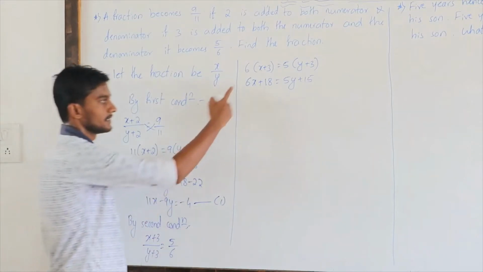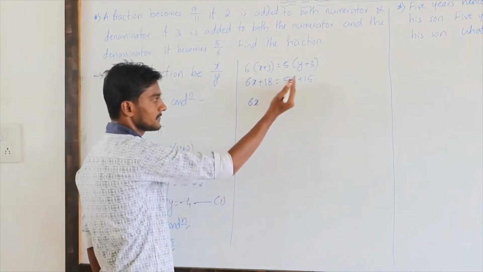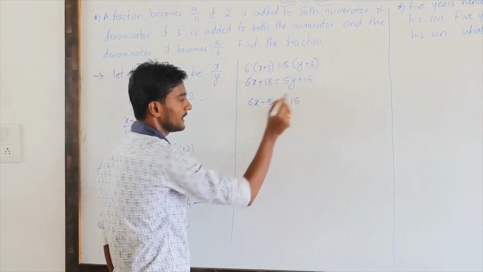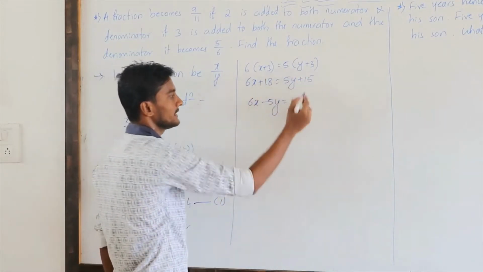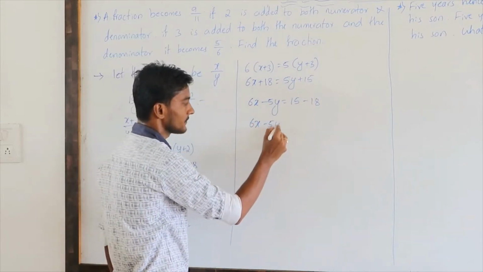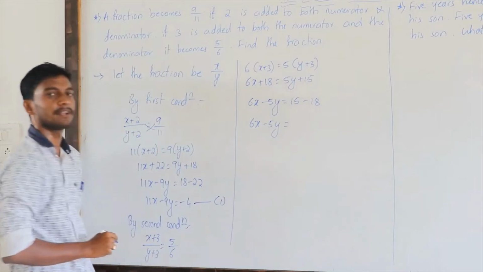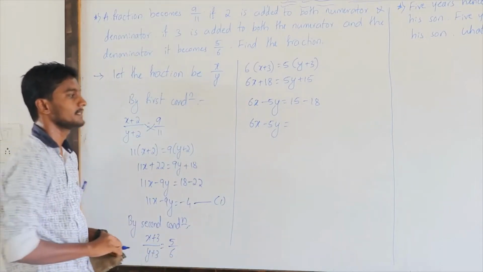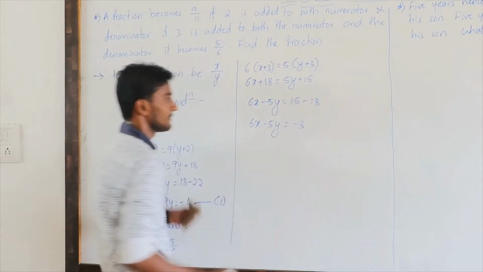So next, 6x, take this 5y this side, it becomes minus 5y. 15, keep it as it is. If you take this 18 that side, minus 18. So 6x minus 5y is equal to 15 minus 18. 15 minus 18, again it is minus 3. So it becomes minus 3.